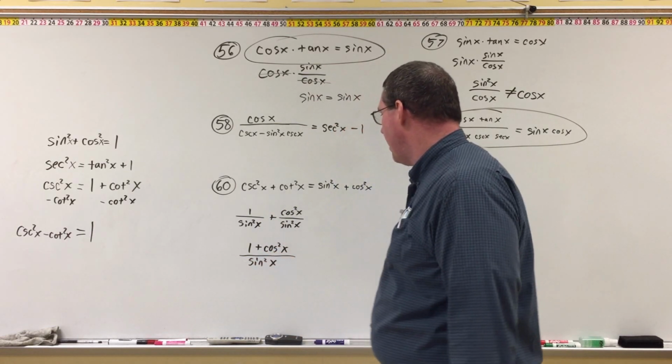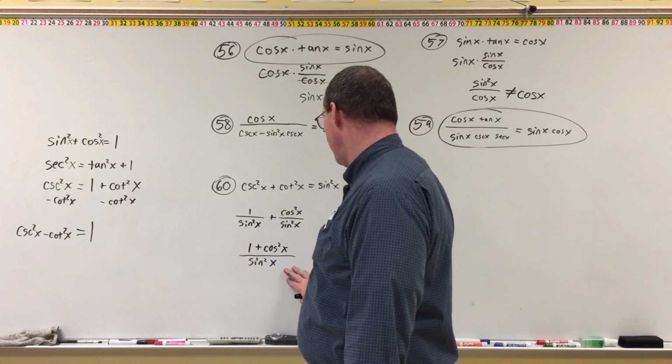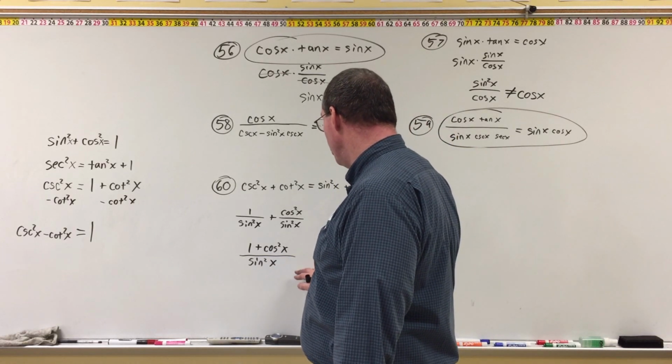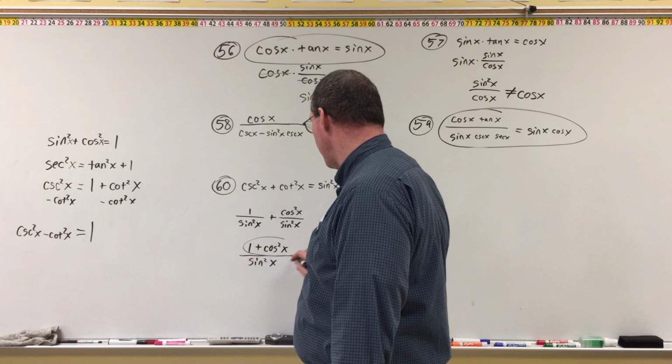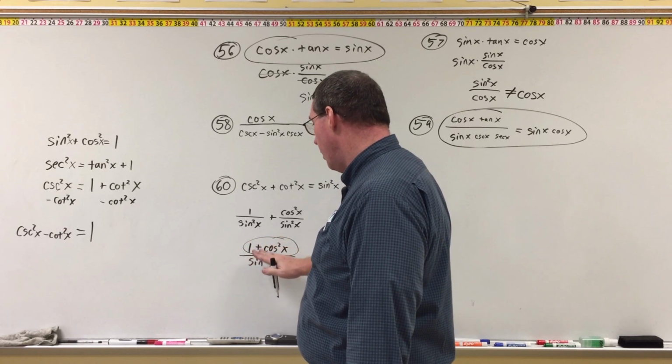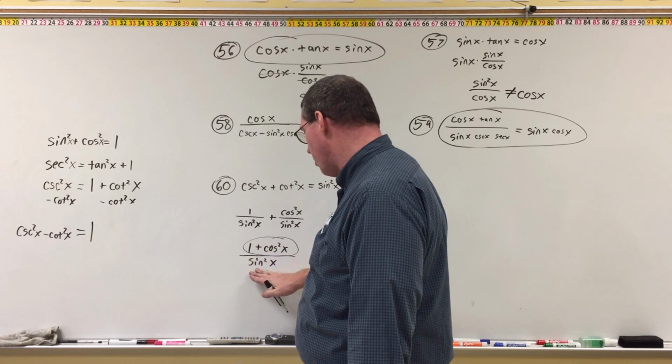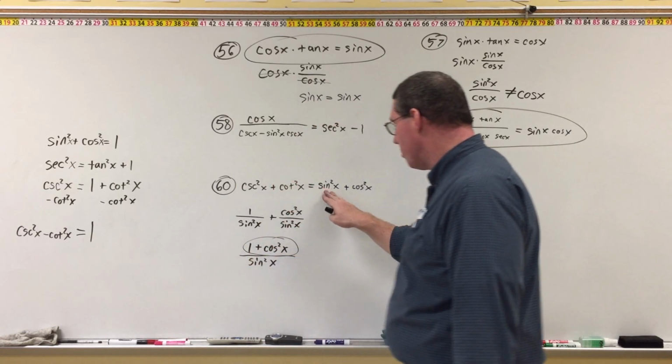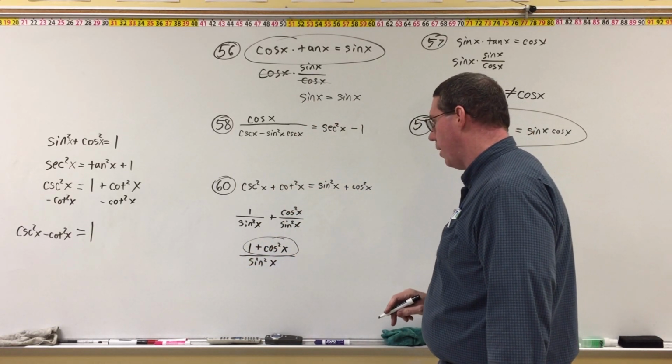Okay? And now what this is going to become is, this would be true if the numerator was equal to sine squared, then sine squared divided by sine squared would be 1, which is equal to sine squared plus cosine squared.